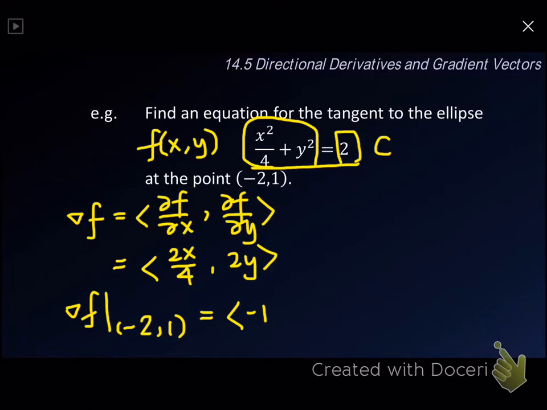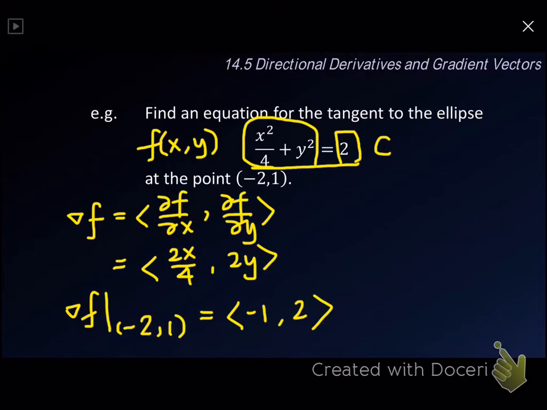And the second component will be 2 multiplied with 1, which gives us 2. So our gradient of f at the point (-2, 1) is (-1, 2). So we're going to use this gradient of f to find the equation of the tangent line.